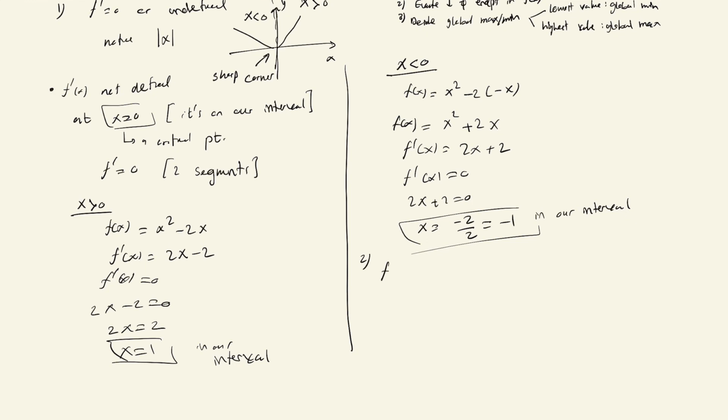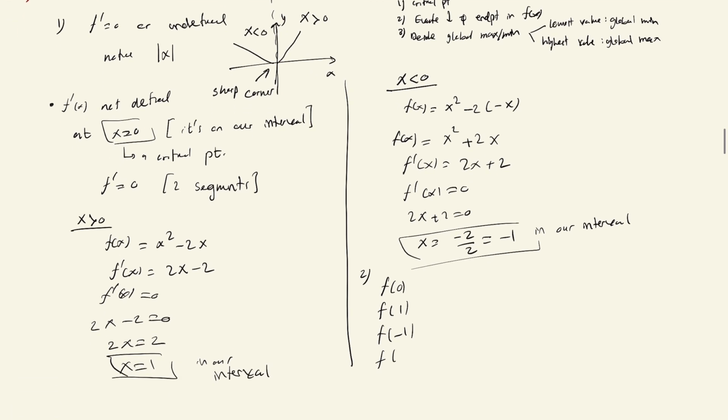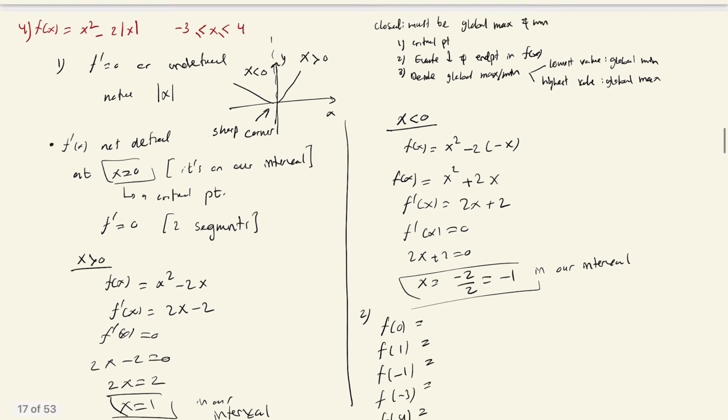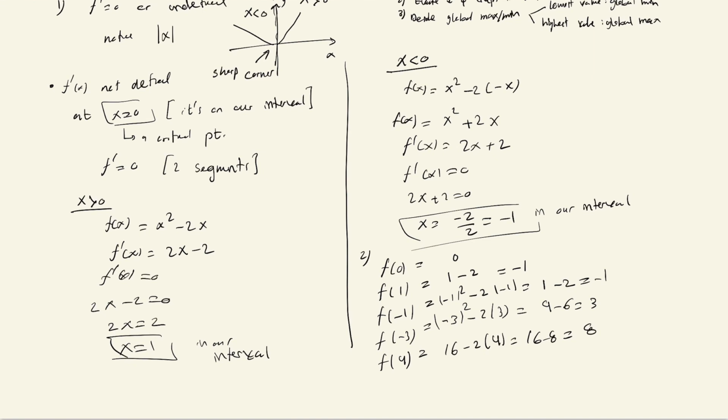So second step, we're going to evaluate our critical points 0, 1, and minus 1, and our endpoints, which are minus 3 and 4, in the given function. These are the resulting values. So we notice here 8 is the highest value and minus 1 is the lowest value.